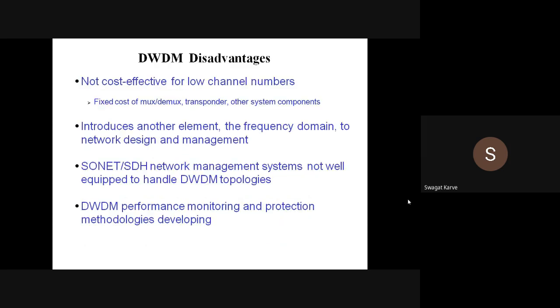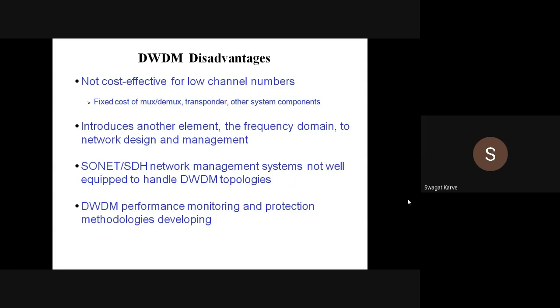Now, what are the disadvantages of DWDM? Right, cost effectiveness, right? For low channel counts, its installation cost is more. It introduces another element, that is the frequency domain, to network design and management. For the SONET or SDH network management systems, they are not well equipped to handle DWDM topologies. That means for SONET and SDH networks, there is no upgraded equipment that can handle these DWDM topologies.